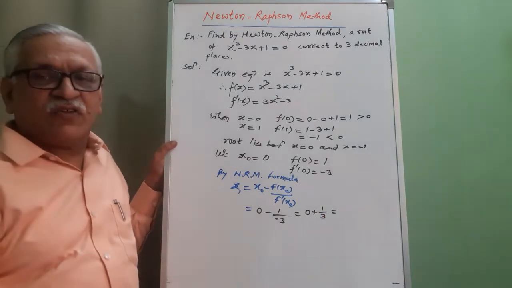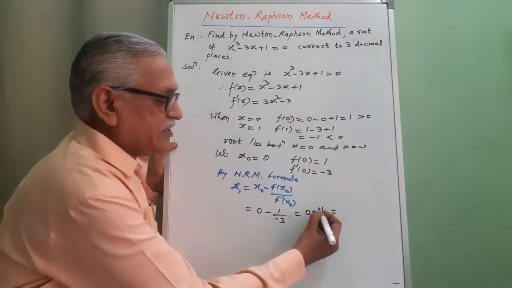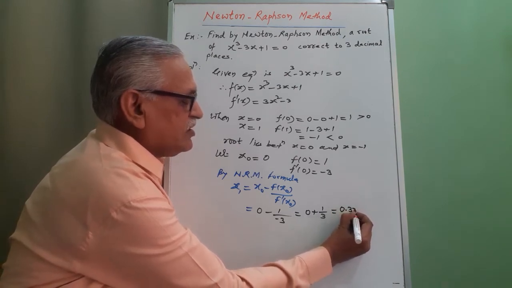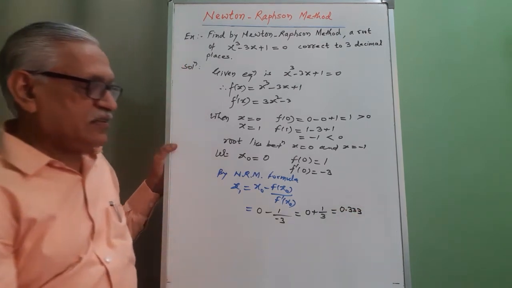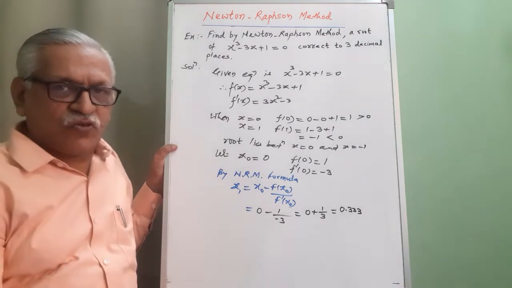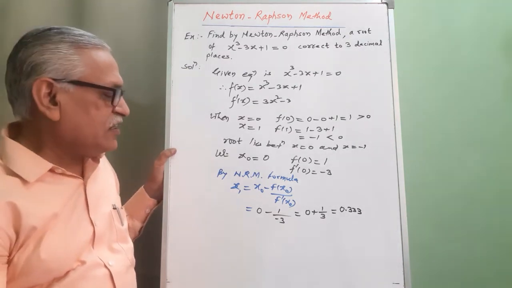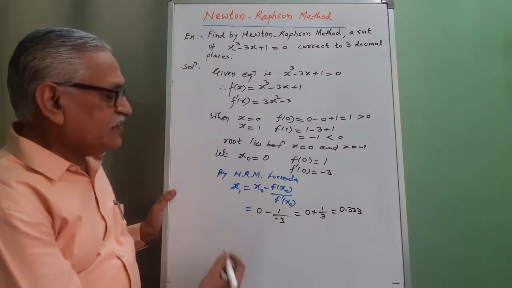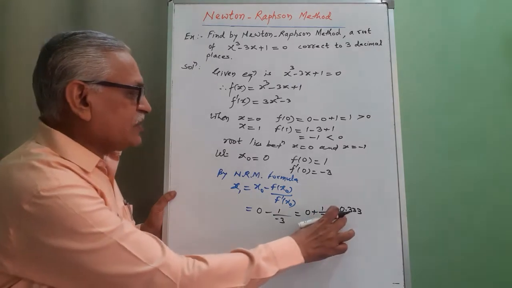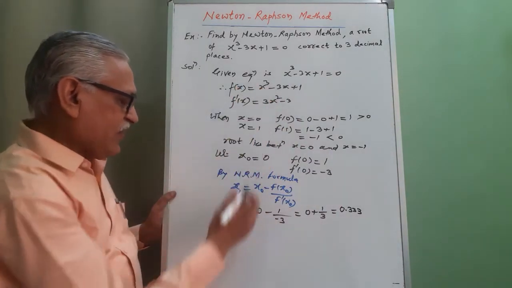If we calculate 1 by 3 on the calculator, we get 0.333 as the first approximation for the root. Then check whether it is a root or not by substituting that value once again in f of x.